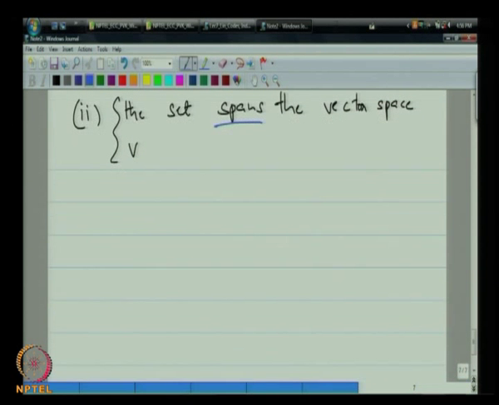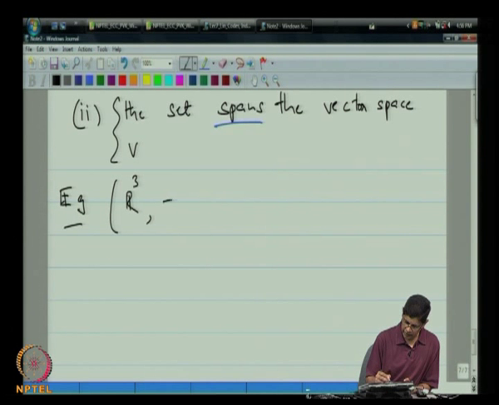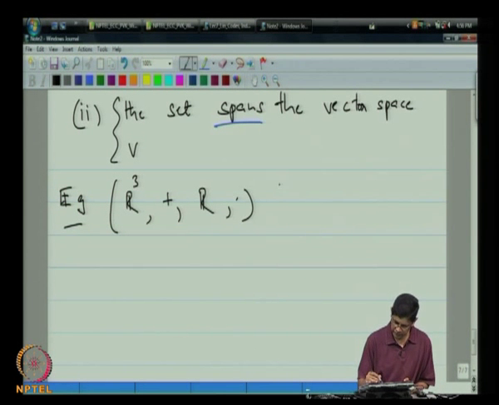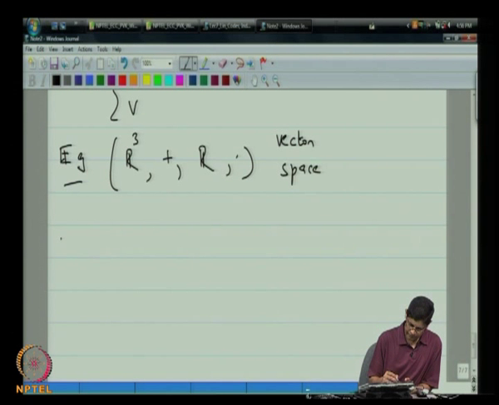So, let us look at some examples. Now, if your vector space is R3, if this is your vector space, then the following is a basis.